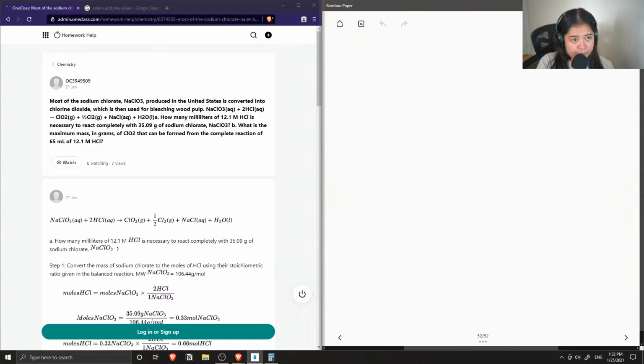Before we try to answer these questions, we first need to write down the balanced chemical equation, which thankfully was already written out for us.